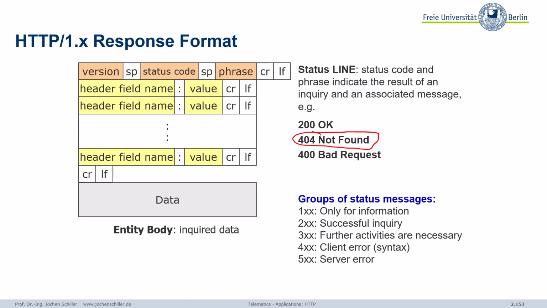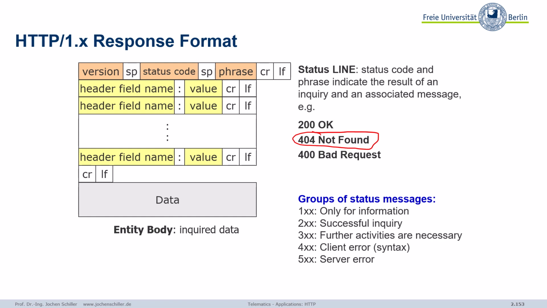You ask for something I do not have, then it's a client error, or there was a server error. So again, status line that is needed, and then there might be several header field names, and then there might be data. So if you find the resource, then we will have data in it. So that's the idea.